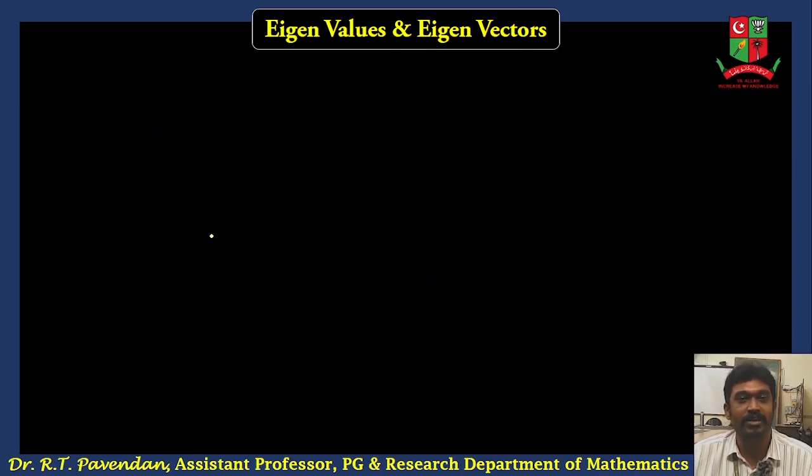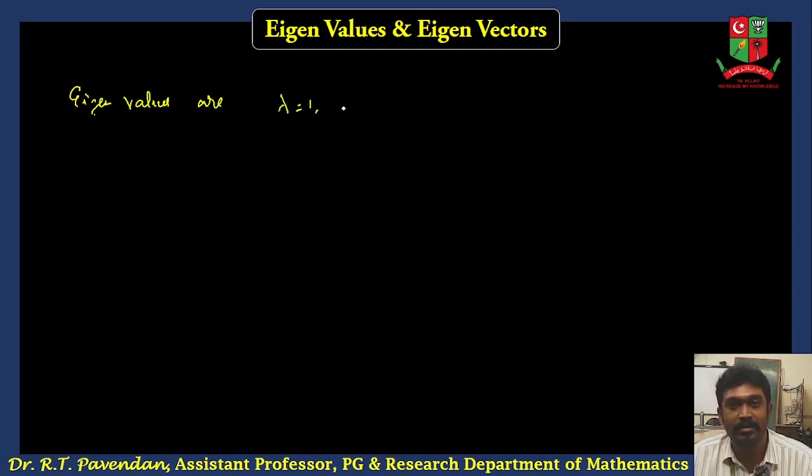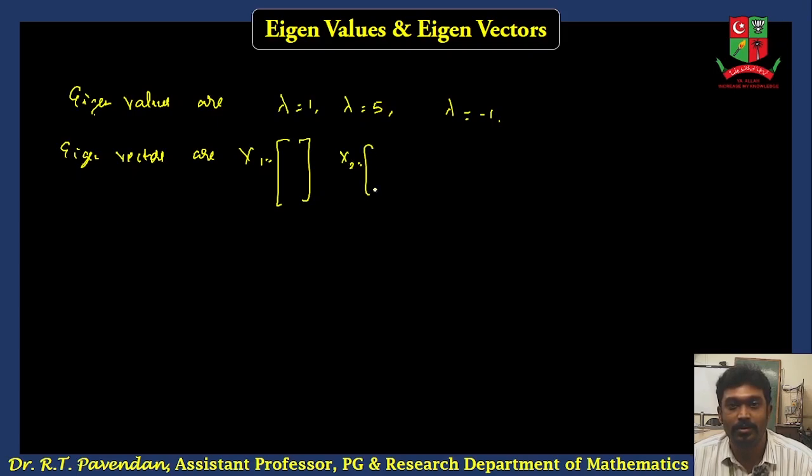So collectively, the eigenvalues are lambda equal to 1, lambda equal to 5, lambda equal to minus 1, and the corresponding eigenvectors are: x1, so what is our x1?